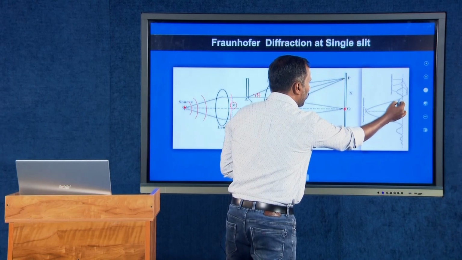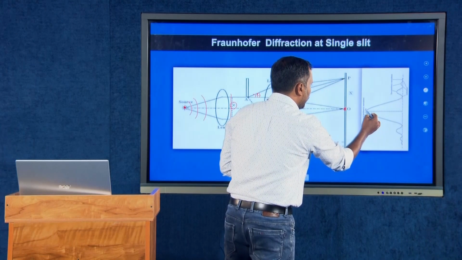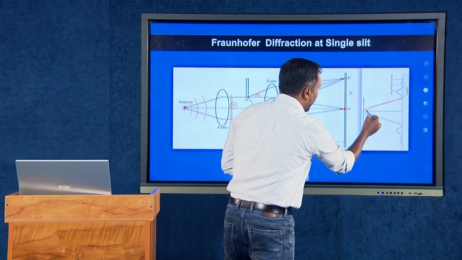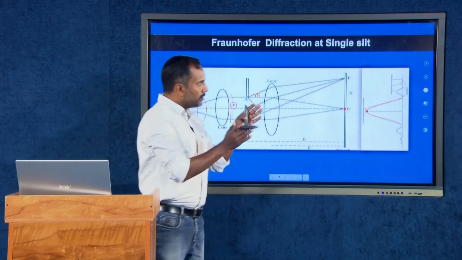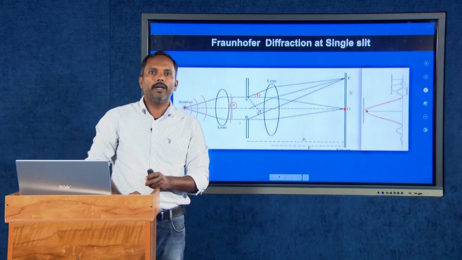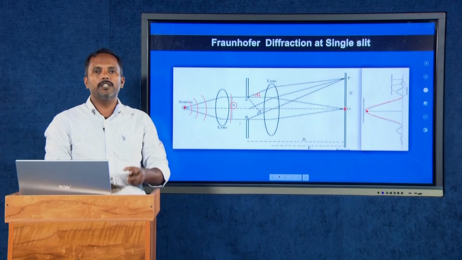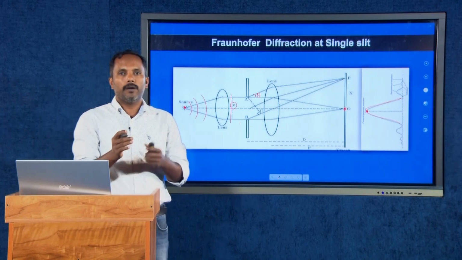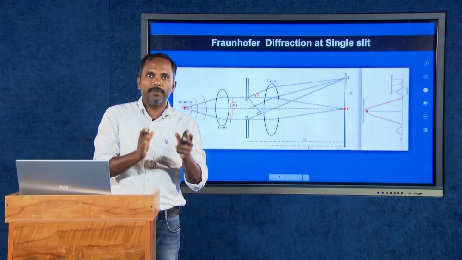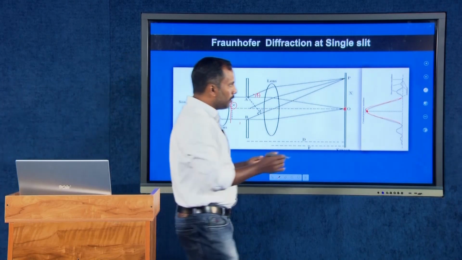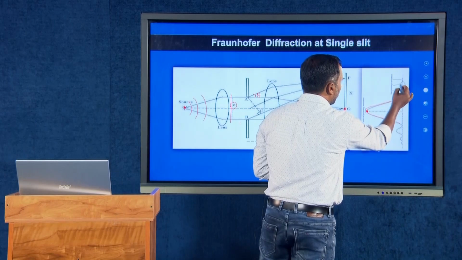If you look at the plot of the intensity profile, at the center the intensity is maximum, and on either side of that central maxima we can observe an intensity distribution in which we have minima and a few other maxima with smaller intensity.